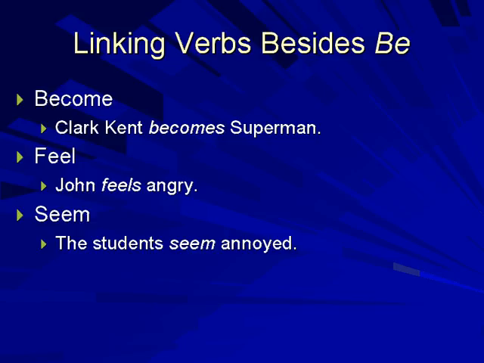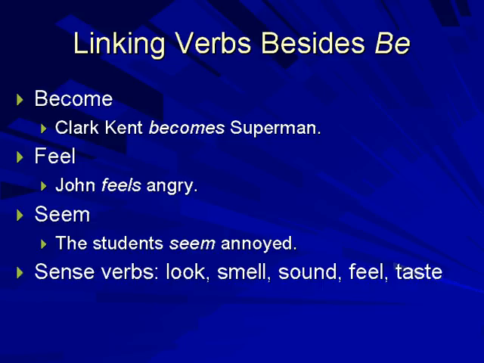Well, if we substitute is for feels, John is angry, we would have essentially the same meaning. Same thing with the second one. The students are annoyed. The students seem annoyed. You can see how that verb is functioning similarly in those sentences. So feels and seems and becomes are regarded, at least in these examples, as linking verbs, not as action verbs.